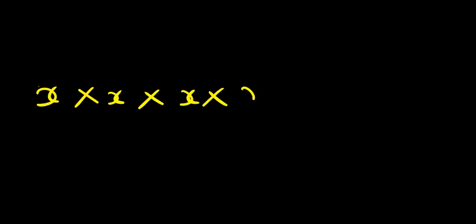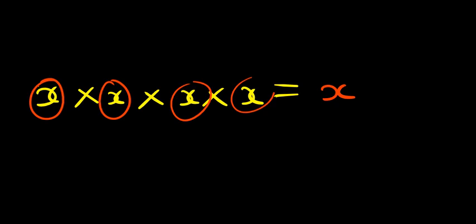Another example that I can give, let's say I've got x multiplied by x multiplied by x multiplied by x is equal to what? If they tell you to express it in terms of indexes, you're just going to count how many x we have. So we're going to have x to the power, how many x's do we have? We've got 1, 2, 3, 4.